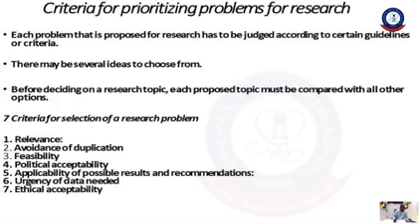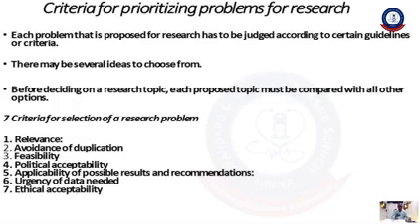And the last one is how severe is the problem? So this forms part of your relevance. The first thing under relevance is that the topic should be a priority problem. Then who are those affected? How severe is the problem? How widespread is the problem you want to go into?